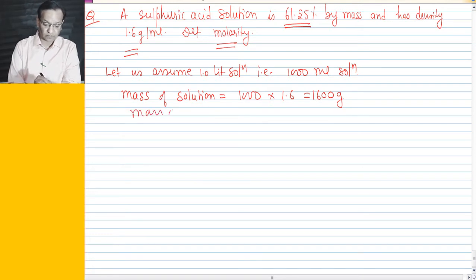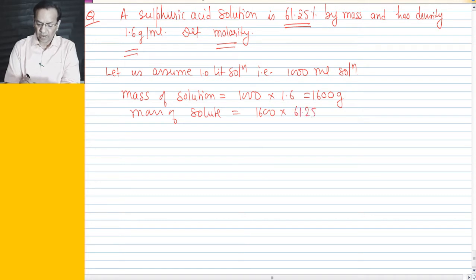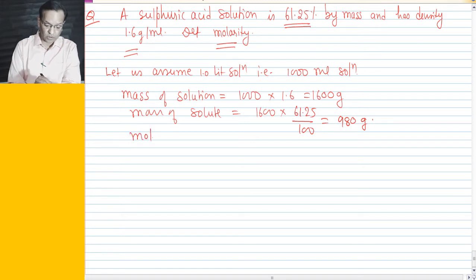Mass of solute will be mass of solution multiplied by 61.25 upon 100. If we solve, it comes out to be 980 gram. So moles of solute will be 980 divided by 98, the molar mass of sulfuric acid.